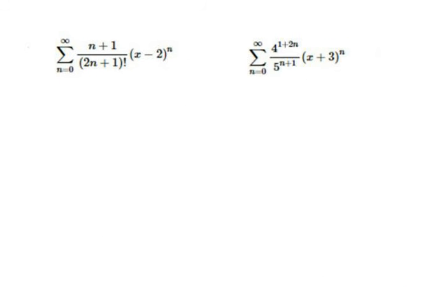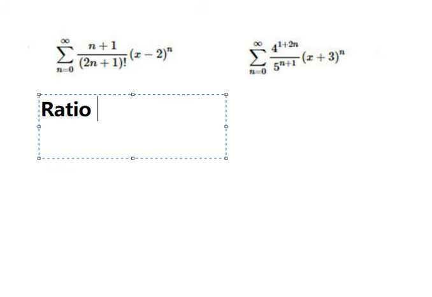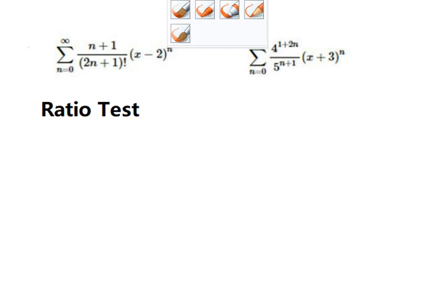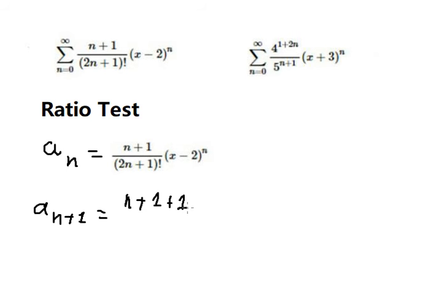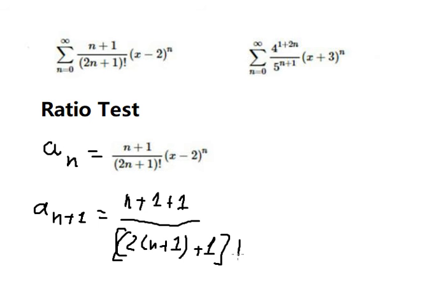For this one, I will use the ratio test. So I will put a_n equals to this one. And then we have a_(n+1) equal to (n+1) over 2 multiplied by (n+1), and we have factorial in here.